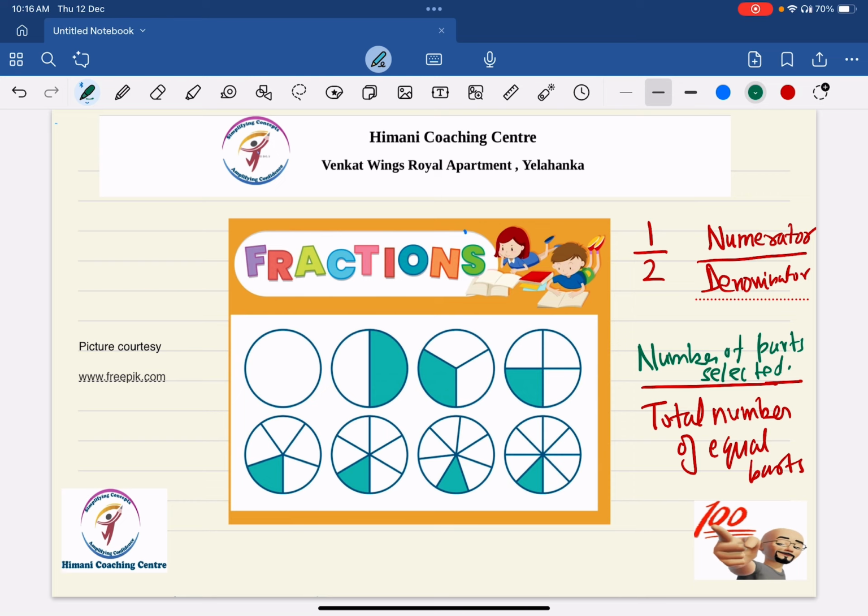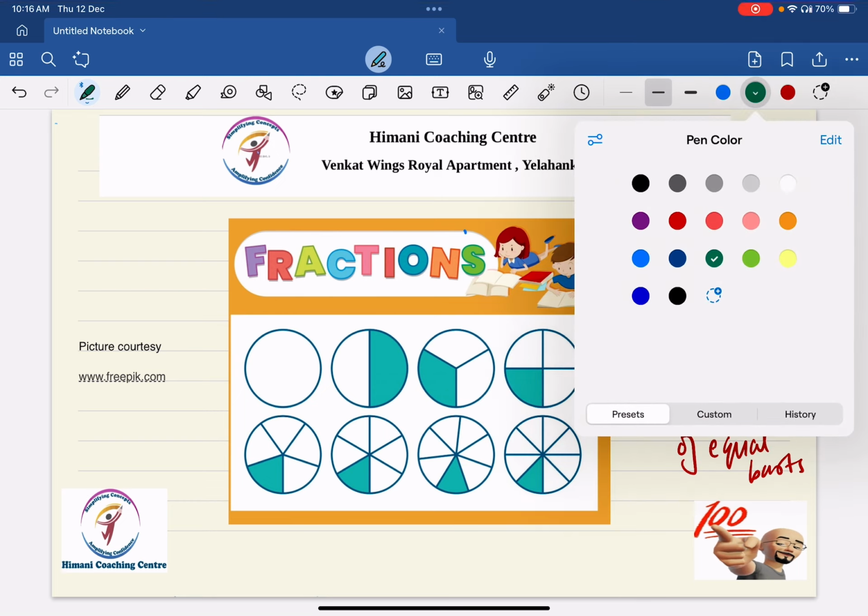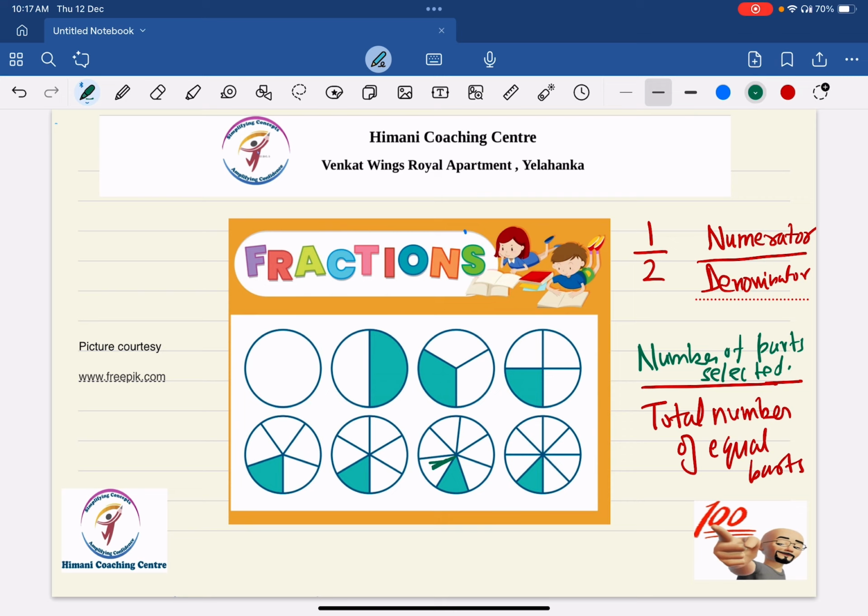Now, kids, let us do this question. Let us change some numbers here. So let me shade this part now. Okay, and we want to know what is the fraction for this? So I have shaded. Now let us again do what? Count the total equal parts. 1, 2, 3, 4, 5, 6, 7. So what is the denominator here?